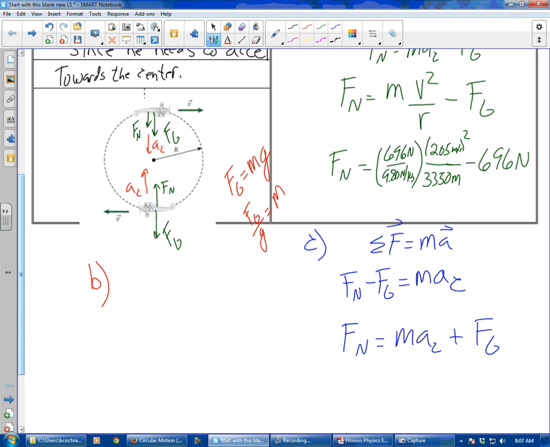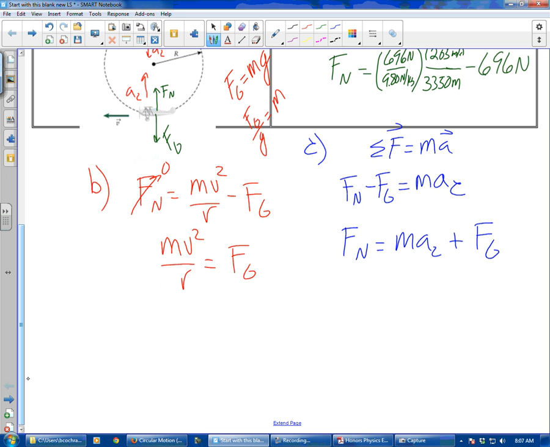So really what I'm looking at is force normal equals mv squared over r minus F sub g, and this force normal is going to be 0, so I'm looking at when mv squared over r equals the weight, and I can rearrange that so mv squared over r equals mg.